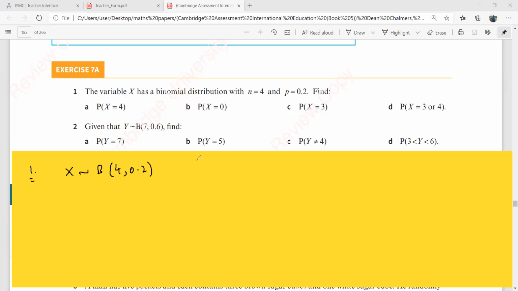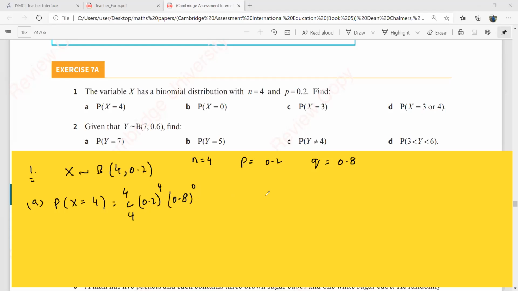If it's given like this, then you would say N is 4, P is 0.2, and you will yourself determine Q, which is going to be 0.8. Then it says, find the probability that X is equal to 4. So that would be 4C4, 0.2 raised to power 4 and 0.8 raised to power 0. And then you will use your calculator to find this probability.